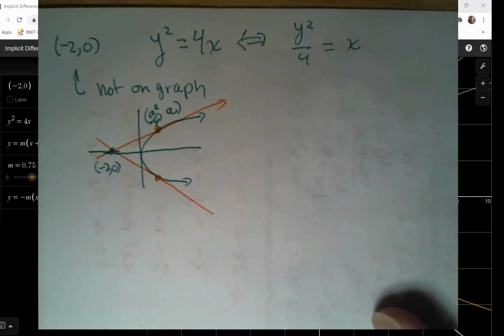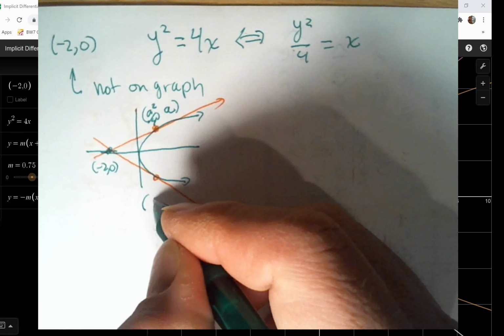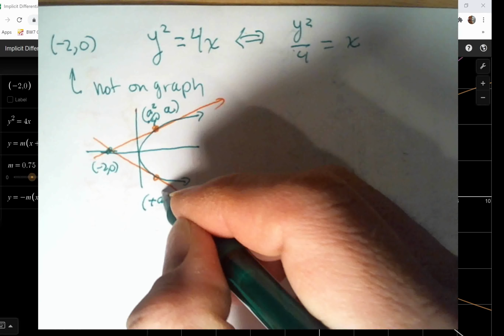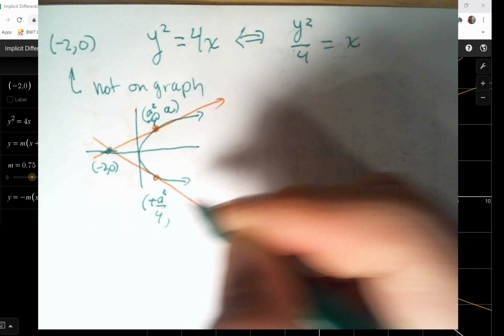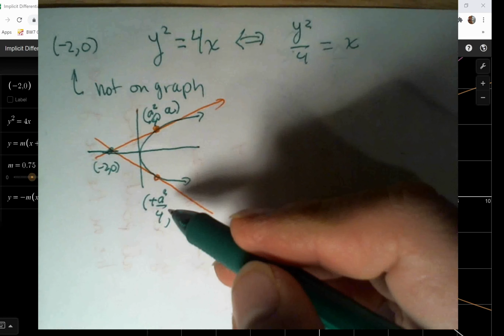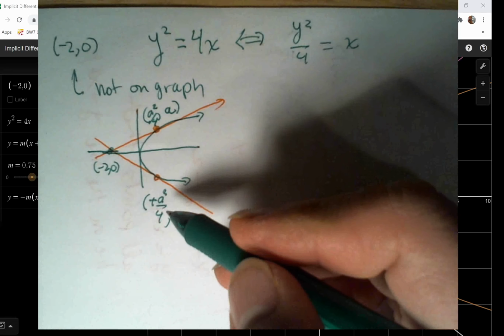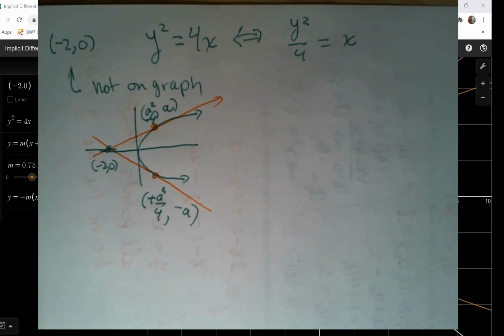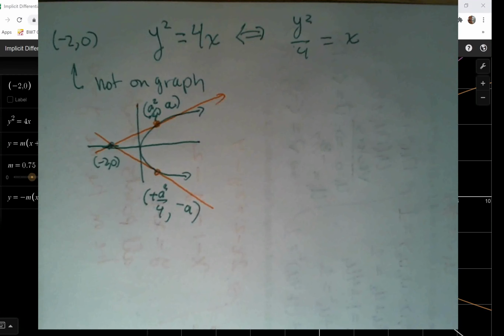And then this point here, using the symmetry of the parabola, the y value would be negative a. The x value remains the same, still a squared over 4. Okay, so now my goal is going to become to solve for a.